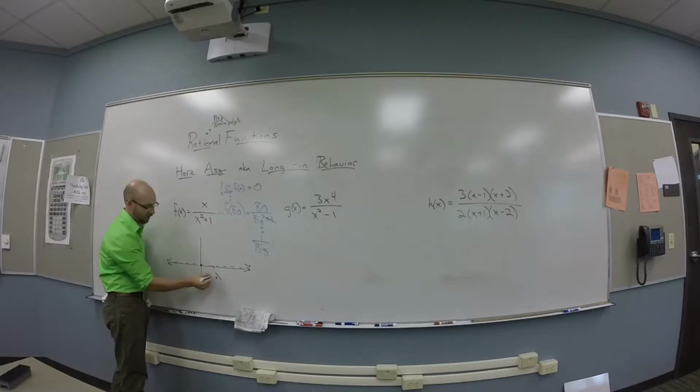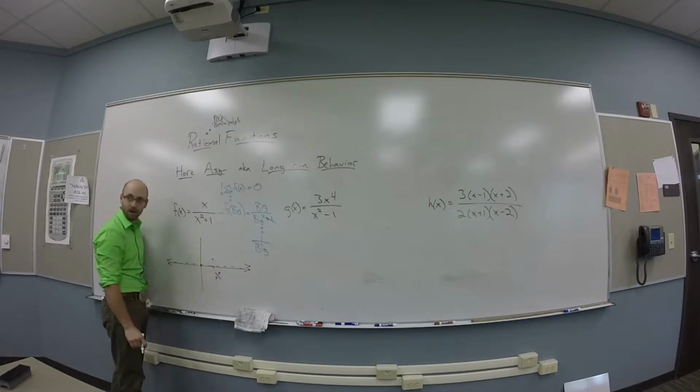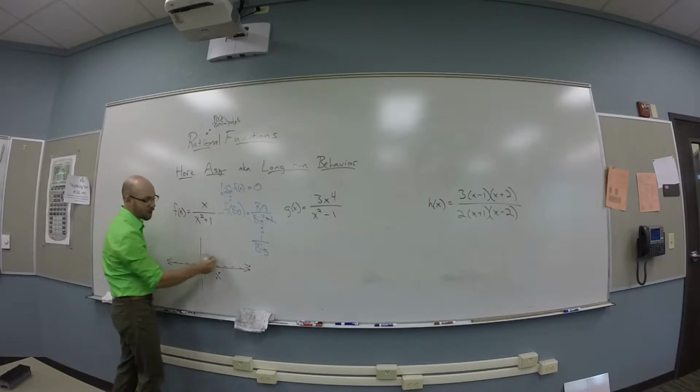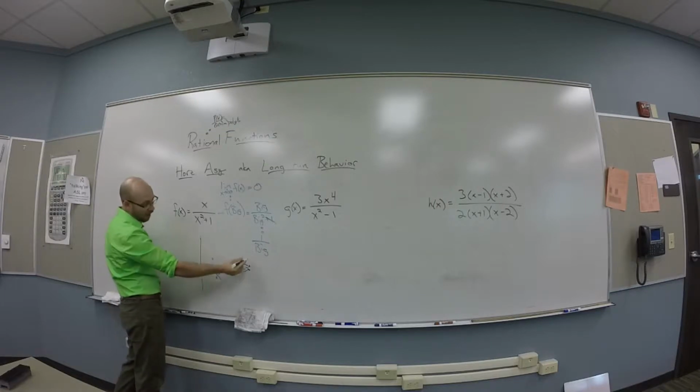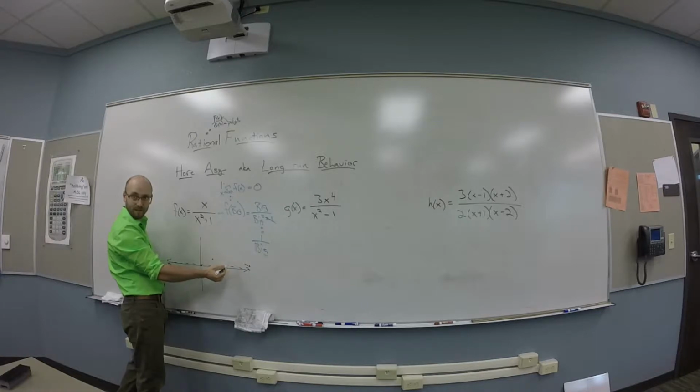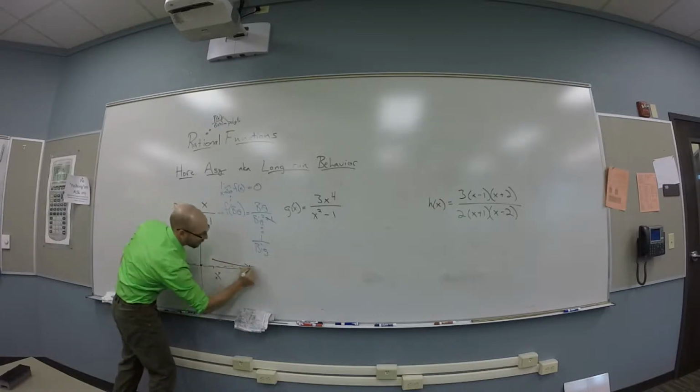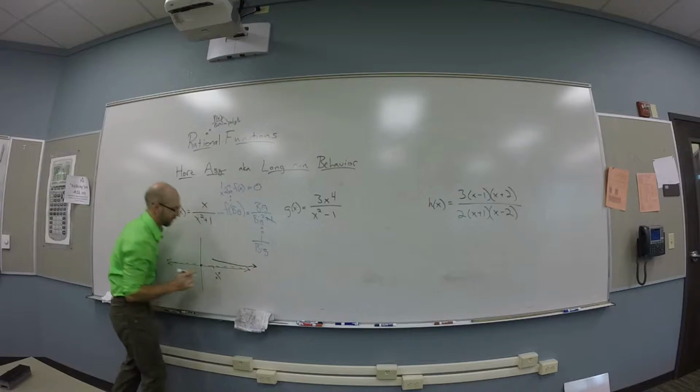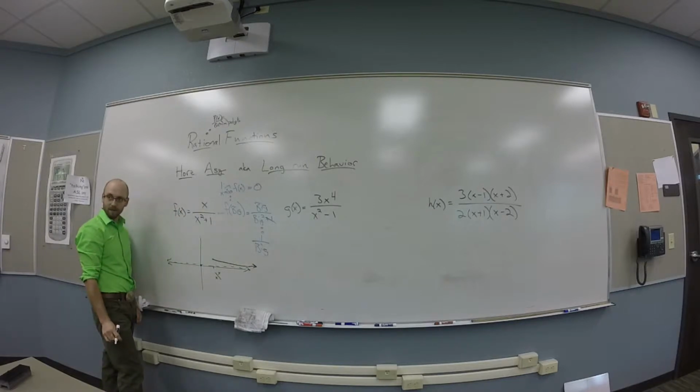Positive. Positive over positive is positive, so I'm talking about something up here. So now I know it tails down from above. I know it can't come up from the bottom because it doesn't cross again. So I've got this tailing in on that side, at the very least.